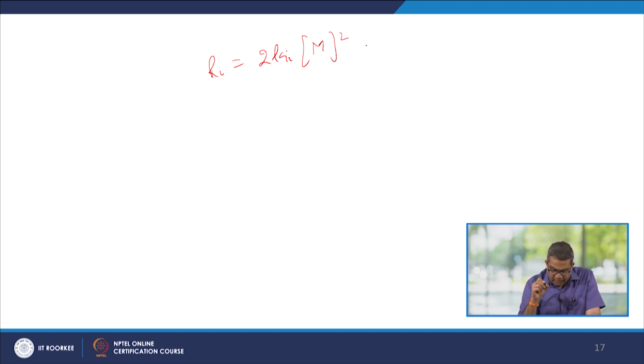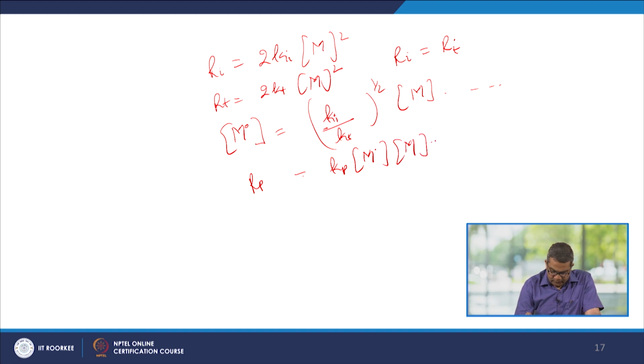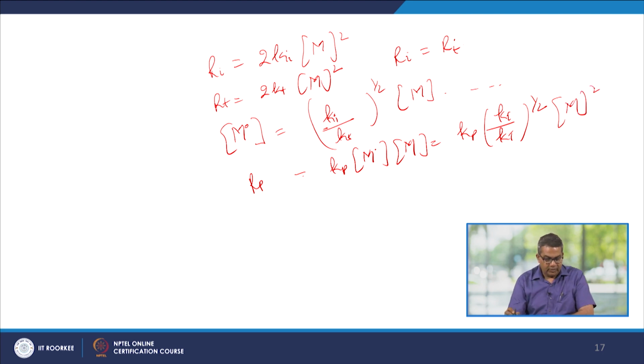Now, considering the bimolecular termination, the rate of termination RT is equal to 2kT M to the power 2, and under steady state assumption, Ri is equal to RT, the chain radical concentration may be expressed as Ki over Kt to the power half M. Now, the rate of polymerization Rp is expressed as Rp equals Kp M radical into M, which is equal to Kp Ki over Kt to the power half M to the power 2.